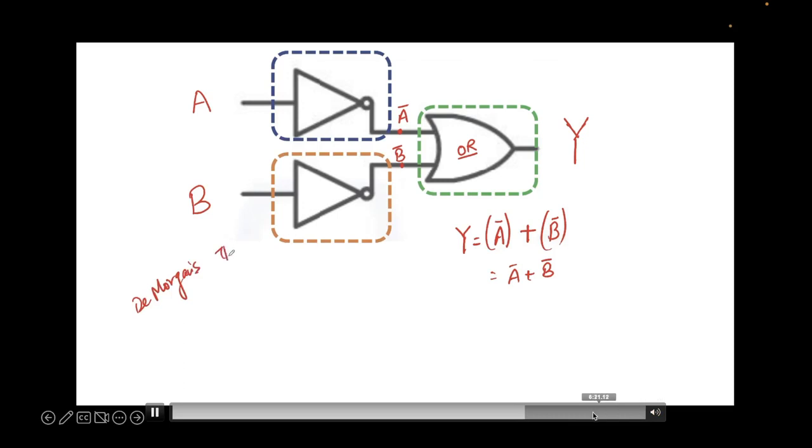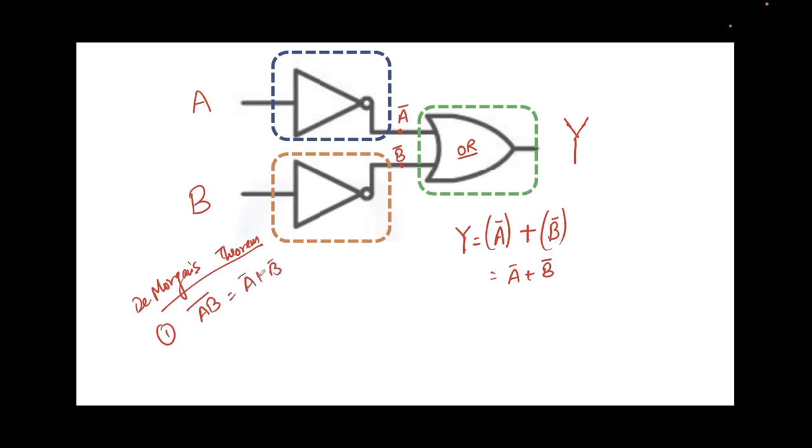Now, there's something called De Morgan's theorem, or De Morgan's laws, whatever you may prefer. It says that AB whole bar is equal to A bar plus B bar. There are actually two laws. The second says that A plus B whole bar is equal to A bar times B bar.